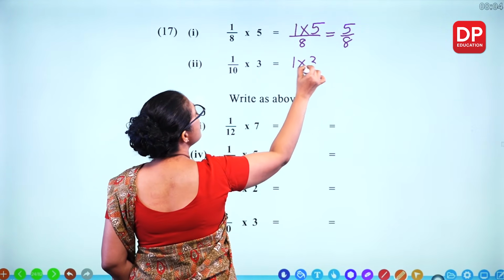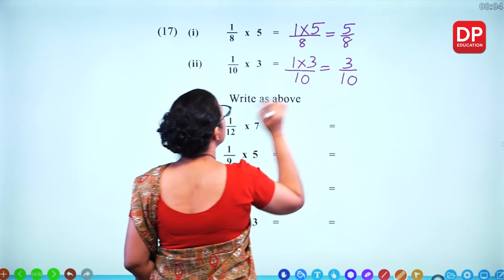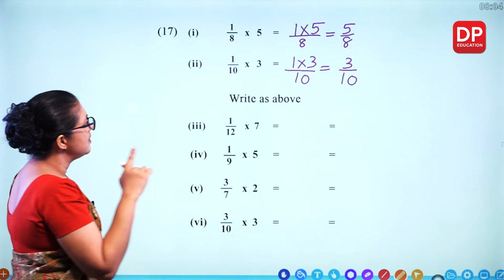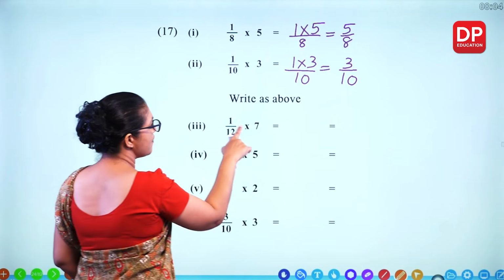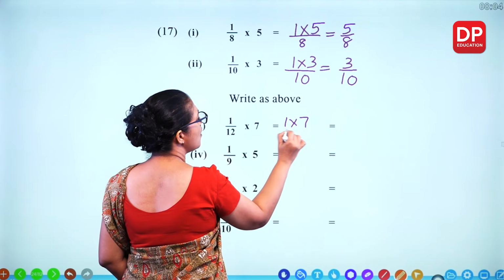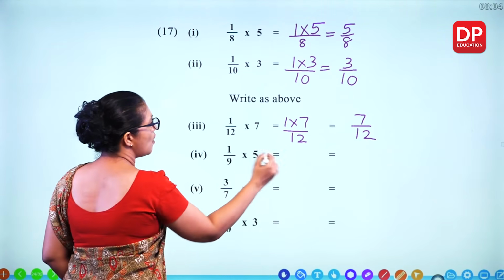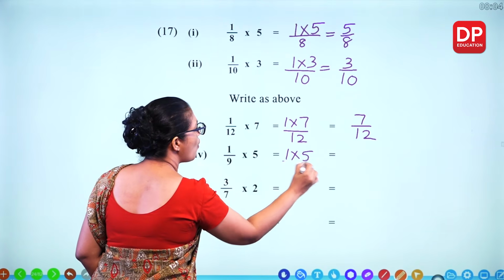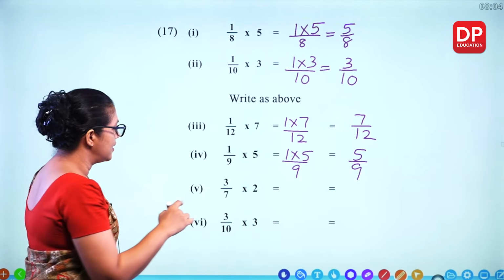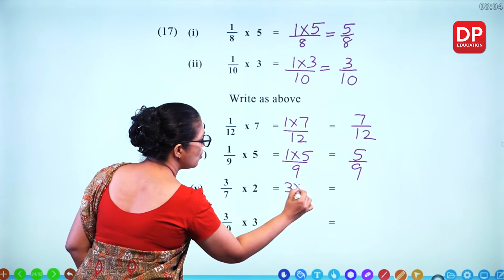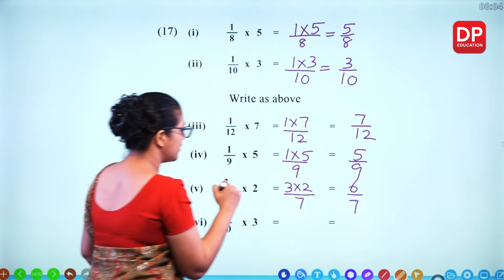1 times 3 over 10. So 3 over 10. Now write these as above with the multiplication. I can write 1 times 7 over 12. 7 over 12. 1 times 5 over 9. 5 over 9. 3 times 2 over 7. 6 over 7.